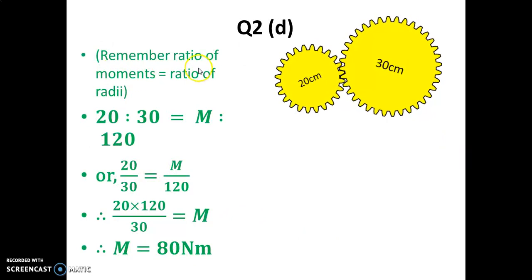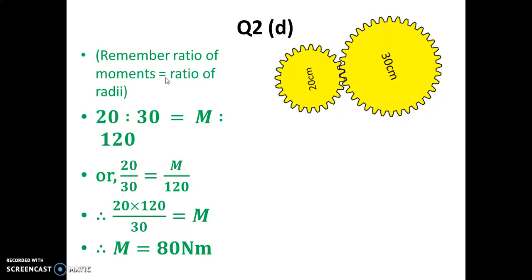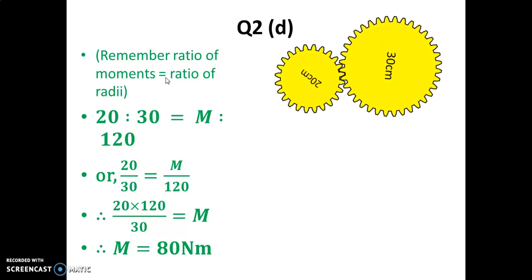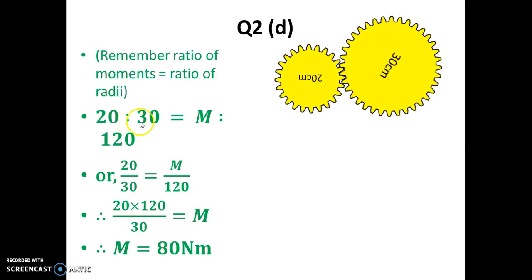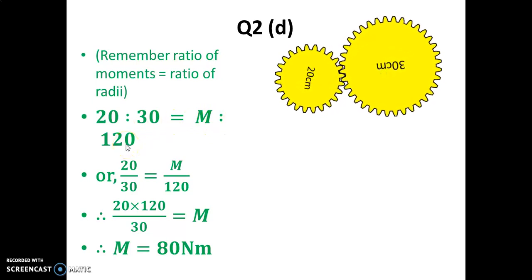And for 2d, remember, the ratio of moments is equal to the ratio of radii, as is the case for all of the other parts of question 2. 20 to 30 is the ratio, and that's equal to M to 120.